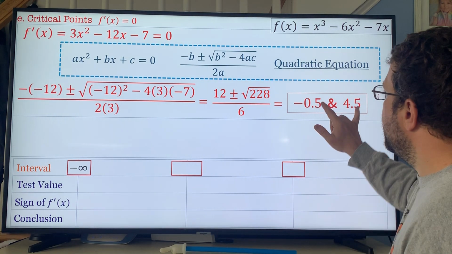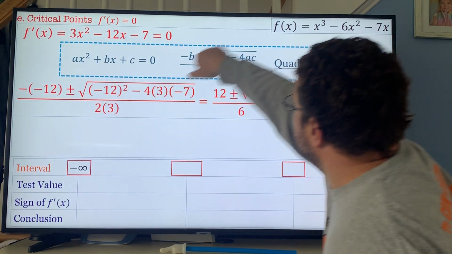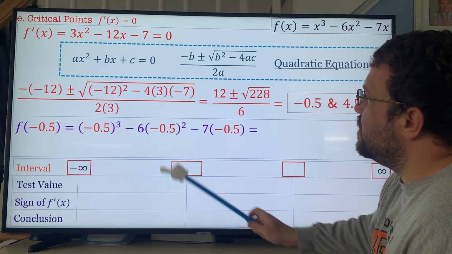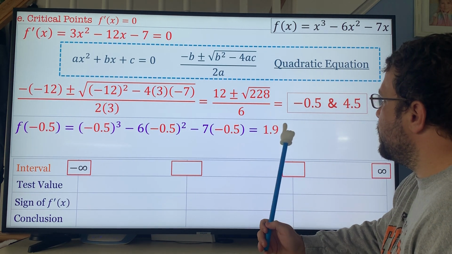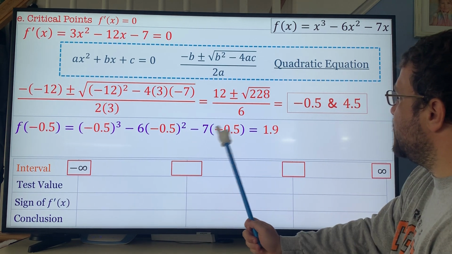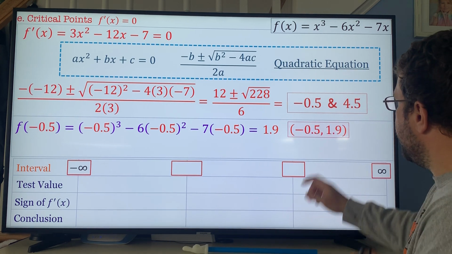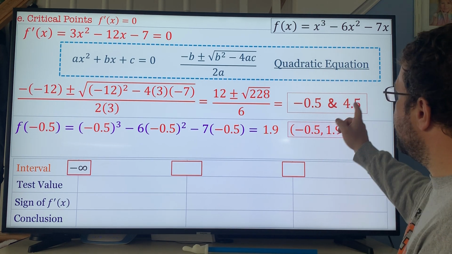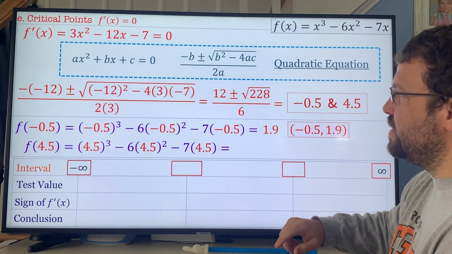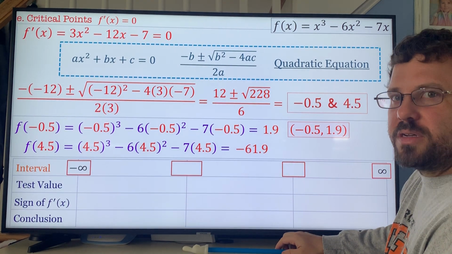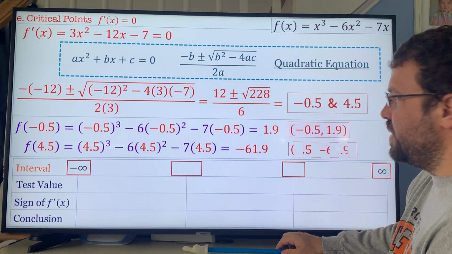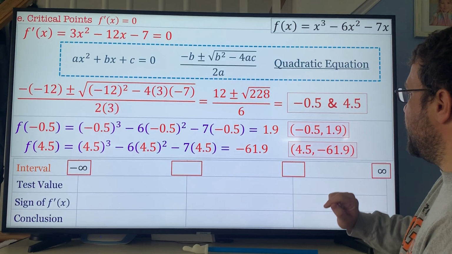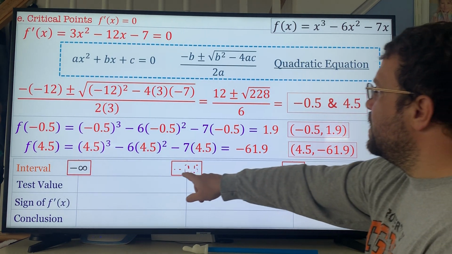All right, both these numbers plugged into that equation. So cube it, square it, multiply by -6, multiply by -7, -0.5, 1.9. Take 4.5, plug it in. All right, -61.9. 4.5, -61 and 9/10.